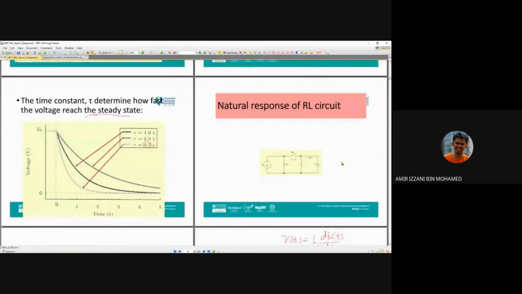In this graph, you can see if we change the RC or the tau, we can see the change in the rate of voltage depletion, or the rate of decrement of the voltage.